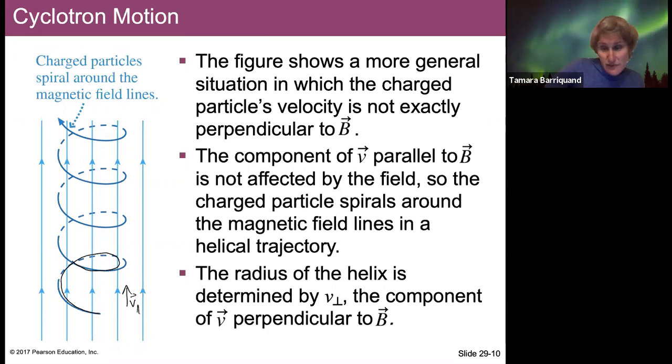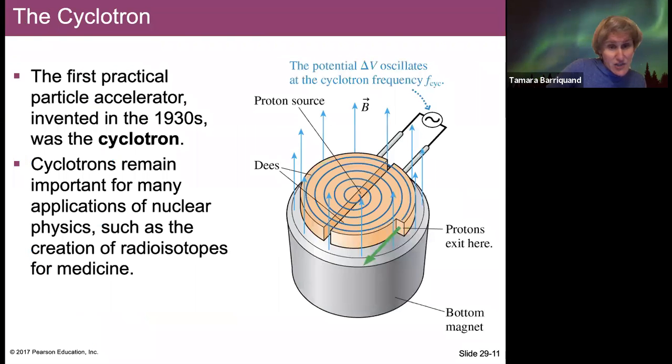Cyclotrons have been useful for creating instruments as well. The first practical particle accelerator was invented in the 1930s, and that was the cyclotron. You can see an image of it right here. We have a bottom magnet down here, and it creates a magnetic field. We see the magnetic field lines coming up.